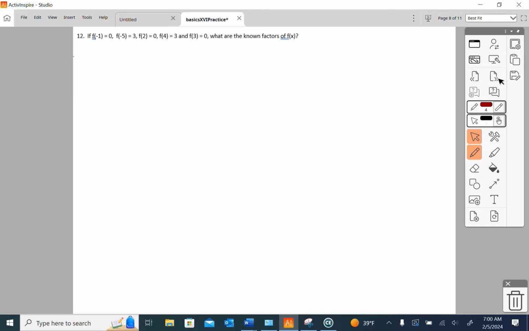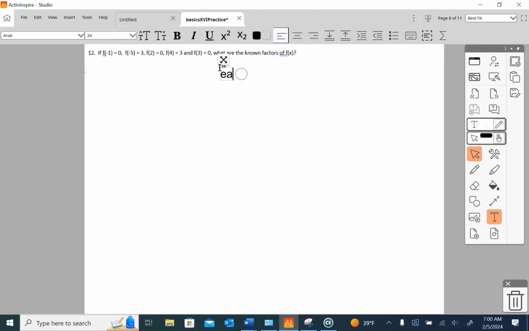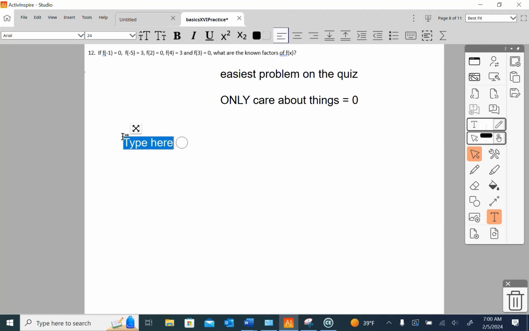Oh, the easiest thing on the quiz. This is legit the easiest problem on the quiz. Now you only care about things equal to 0. So we have f of negative 1 equals 0.